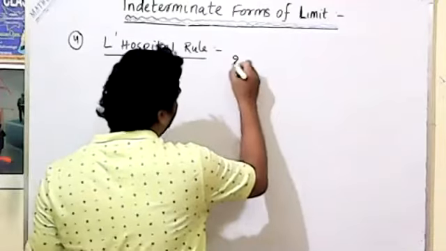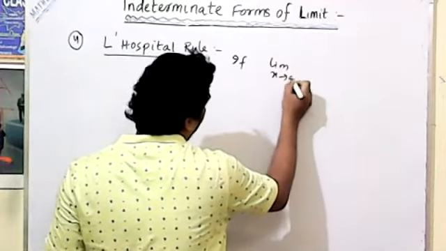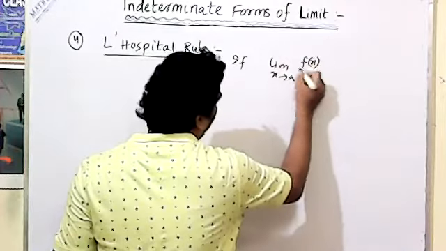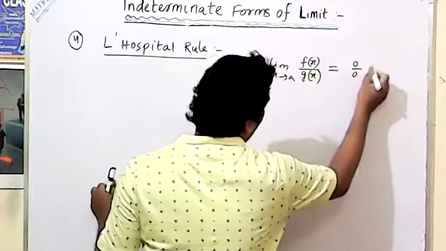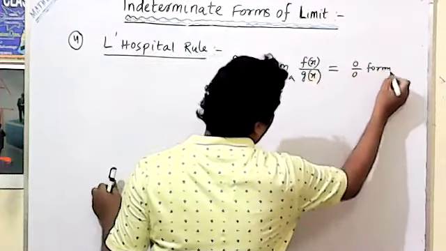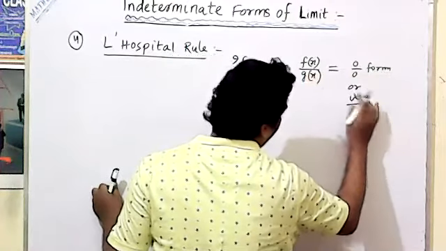The question is: limit x tends to a of f of x by g of x is equal to 0 by 0 form or infinity by infinity form.